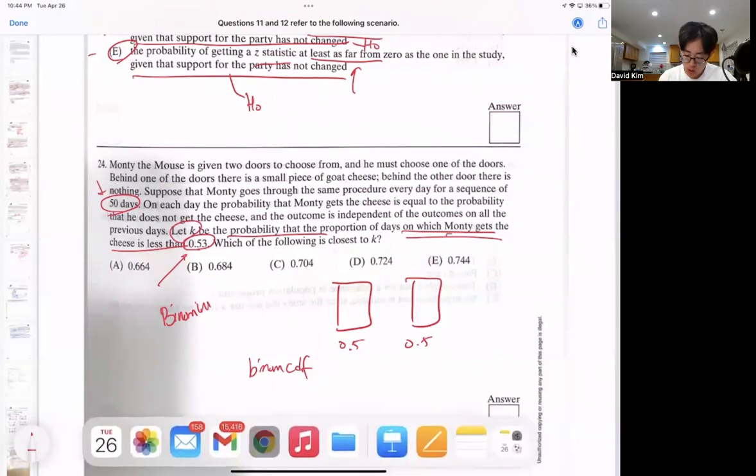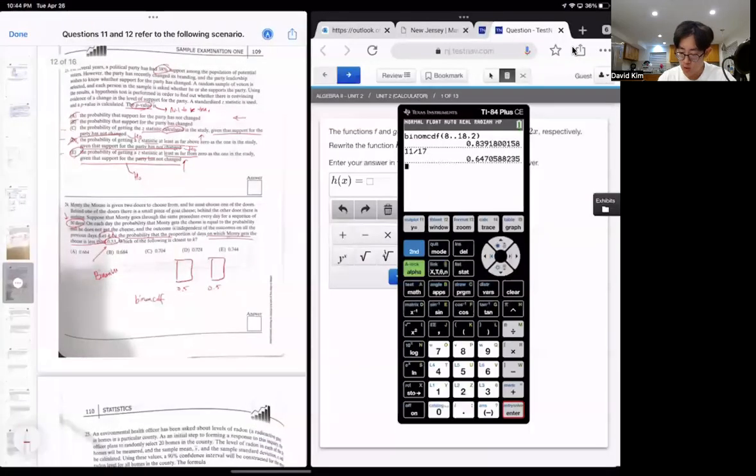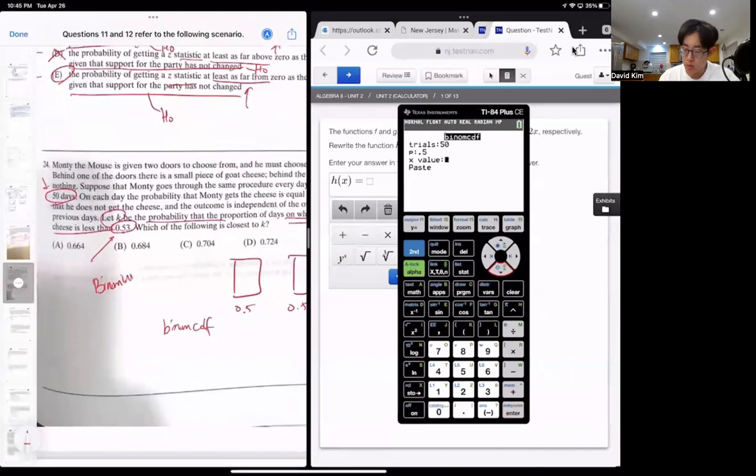If you go to your calculator here, it's going to ask you for 3 things: second vars, and binomial CDF. The number of trials is 50. The chance of you getting the cheese is 0.5. But for the X value, you can't put 0.53. Remember, it's 53% of the 50 days that you're expected to get the cheese.